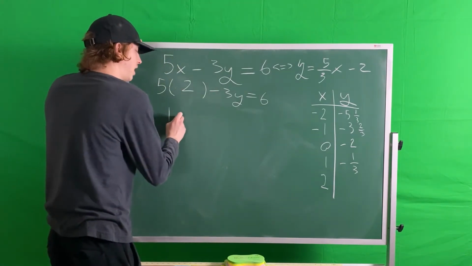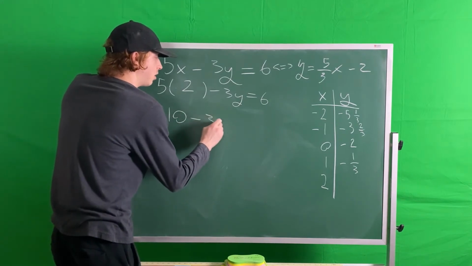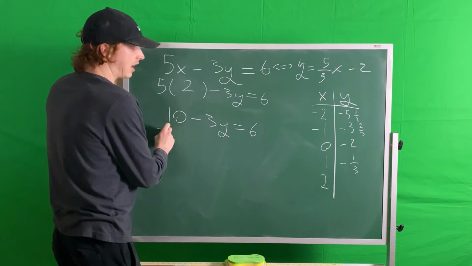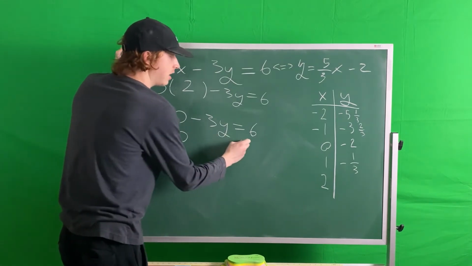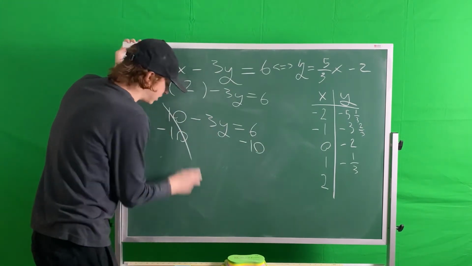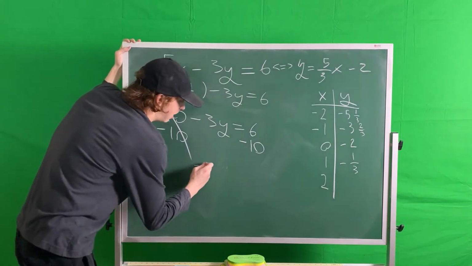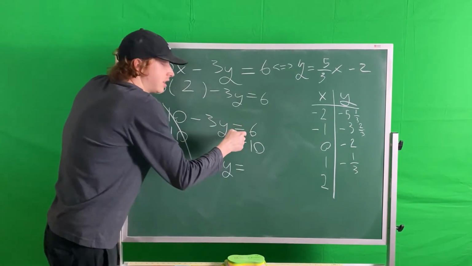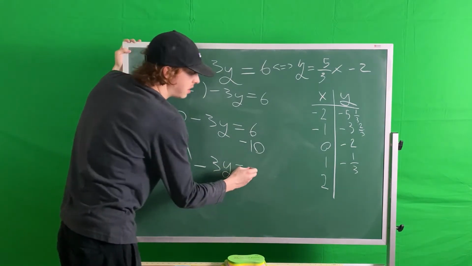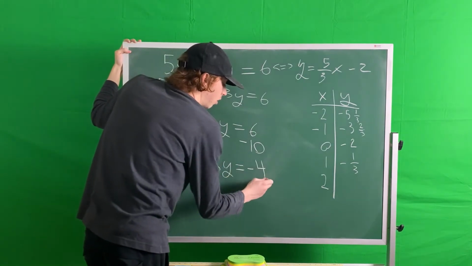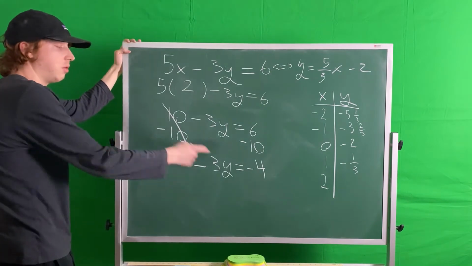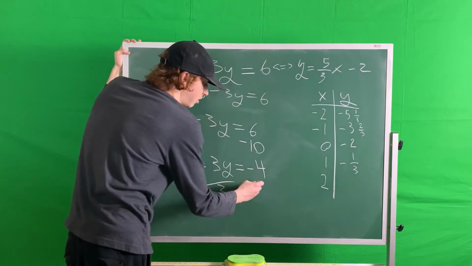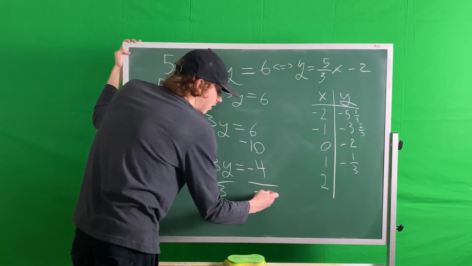So then we have 10 minus 3y is equal to 6. We subtract now 10 on both sides. These cancel, and we are left with -3y is equal to 6 minus 10, which would be -4. And then we divide by -3 to isolate that y, on both sides.